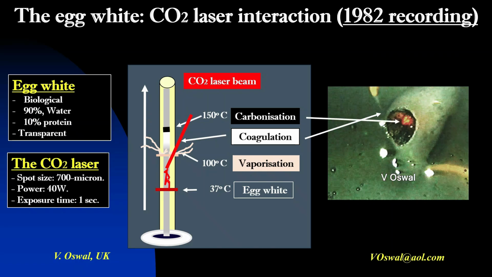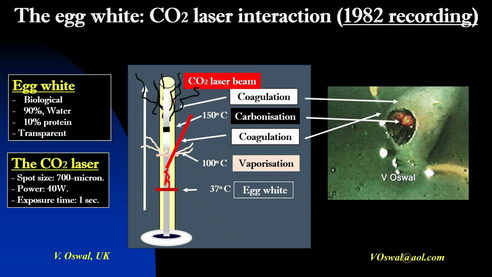At 150 degrees centigrade, the coagulated material starts to burn, forming a layer of char. The char absorbs the energy and heats up, producing smoke. Further heating of char results in sparks. The hot char radiates the thermal energy in all directions, coagulating the surrounding egg white.